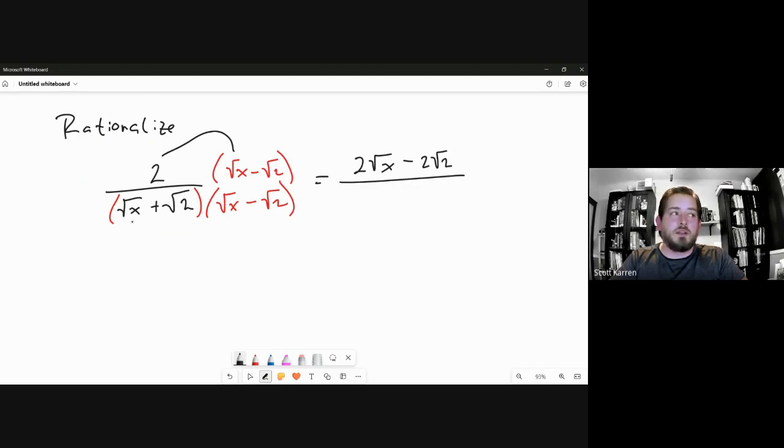And in the denominator, when I multiply this out, the square root of x times the square root of x is just x. The square root of x times minus square root of 2 is minus the square root of 2x. Then I get plus the square root of 2x.